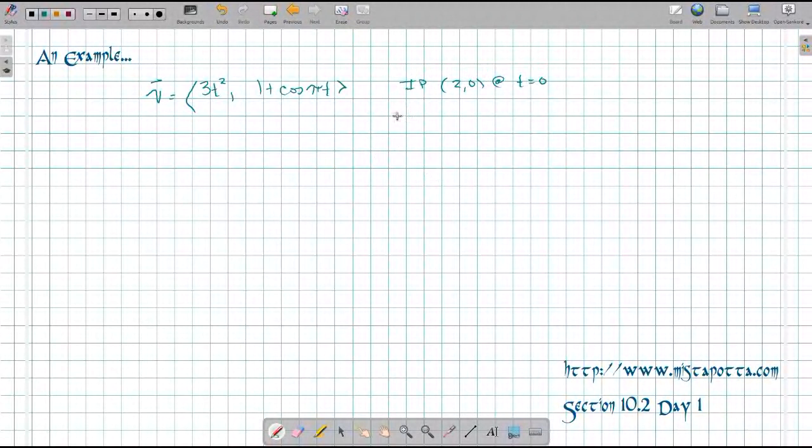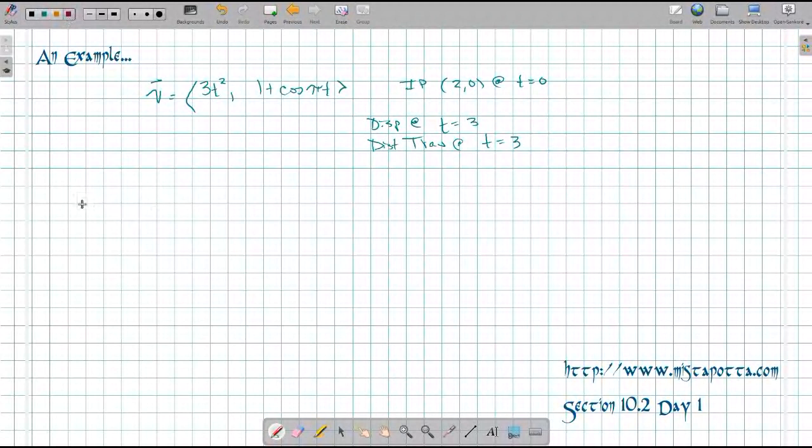And I want to find the displacement at t equals 3. And then I also want to find the distance traveled at t equals 3.